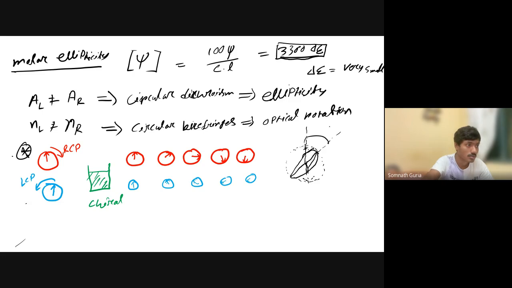This angle will be my phi, and this angle will be my psi. So both combinations can be possible, so both effects happen.